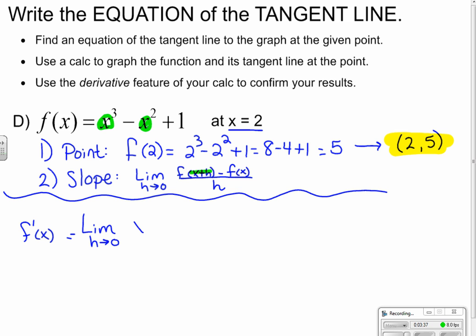Here we go. x plus h gets cubed. Onto the middle term, minus something getting squared. I'm evaluating at x plus h, so I put in x plus h. Final thing, I have that plus 1. Don't forget that. Minus. The next one I'm focused on is f evaluated at x, so I just need to copy that.